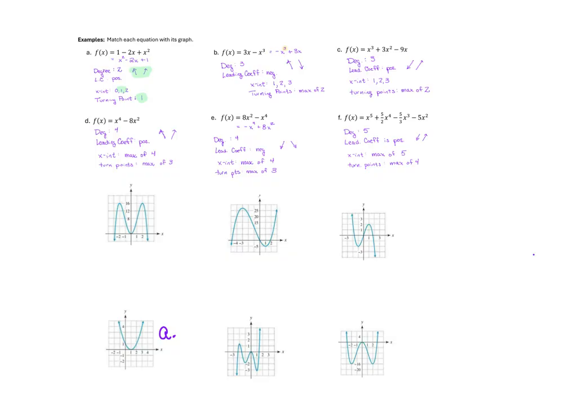And so my cubic polynomials are going to be either the top middle graph or the top right graph. Example B is going to be the top right graph. It is the one that has an end behavior of up on the left and down on the right. It has 2 turning points, and we do have 3 x-intercepts.